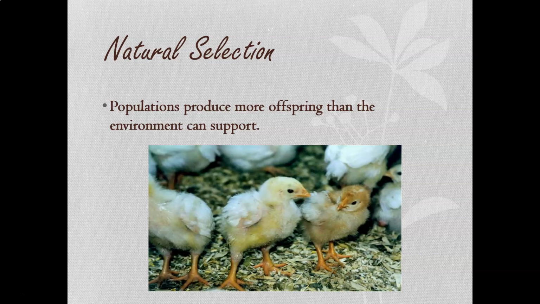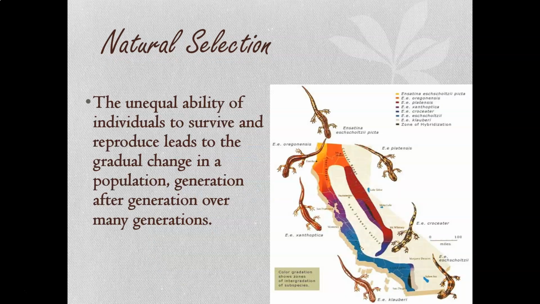Everybody's surviving, everybody's reproducing. And that's not really what's going to drive natural selection. I've got to have competition there in order for somebody to outcompete somebody else because the set of traits that they have are more adaptive for their current environmental conditions. So there has to be that unequal ability to survive and reproduce. That's what's going to lead to those gradual changes over many, many generations.